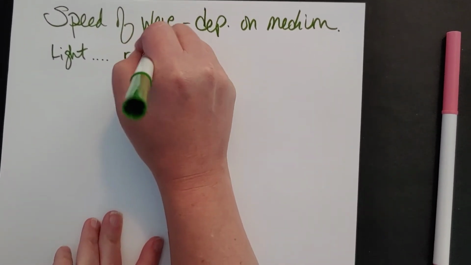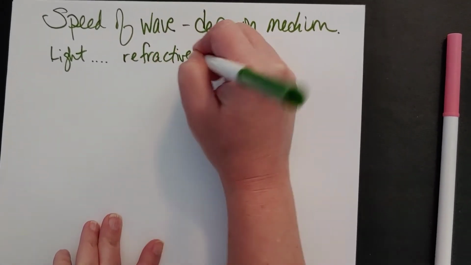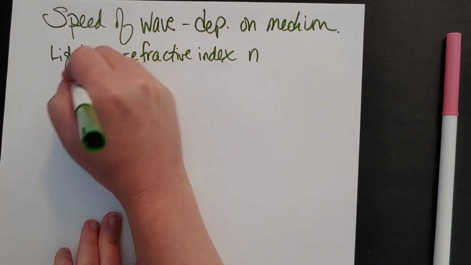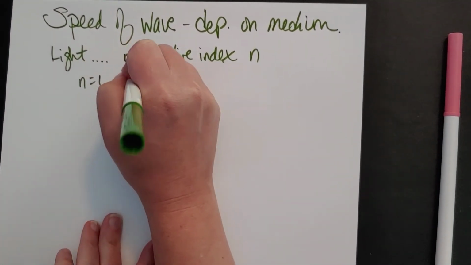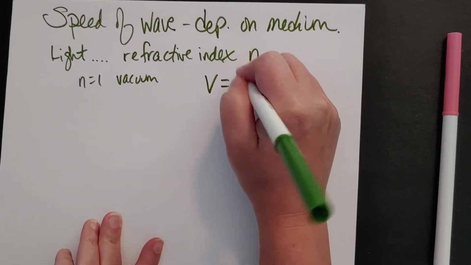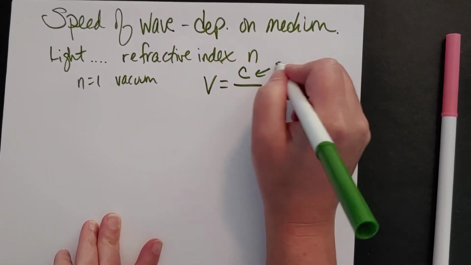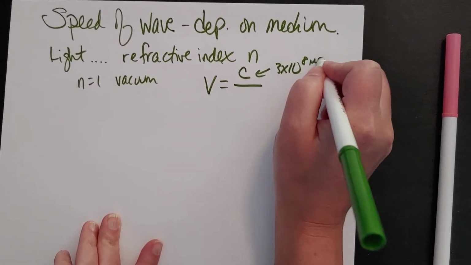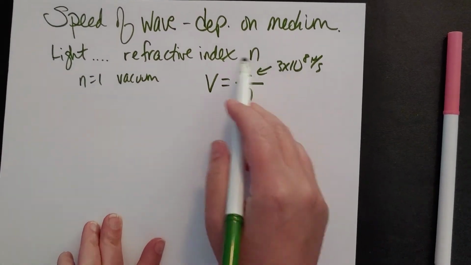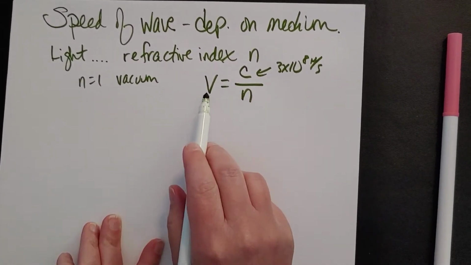And there we talk about a refractive index given by the letter n, and n equals 1 is the value in a vacuum, because the speed of light is c, which is 3 times 10 to the 8th meters per second, divided by n. So in a vacuum, you get c for the speed of light.